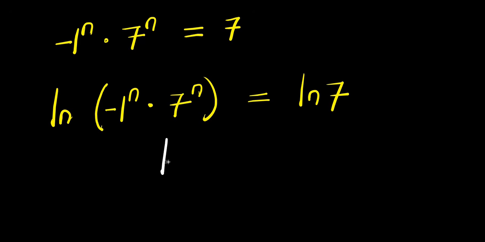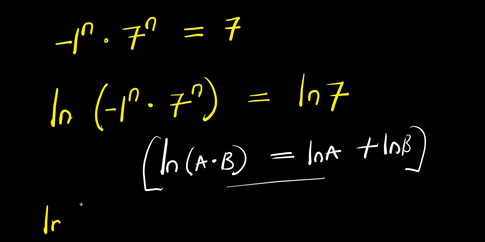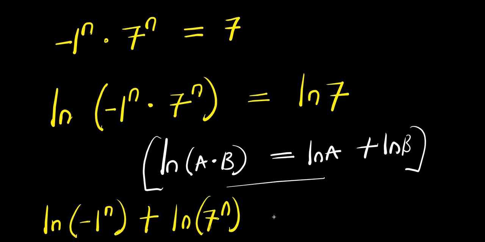Now, if you have natural log of a times b, it equals natural log a plus natural log b. Applying this right here, I will simply have natural log (-1)^n plus natural log 7^n equals natural log 7.